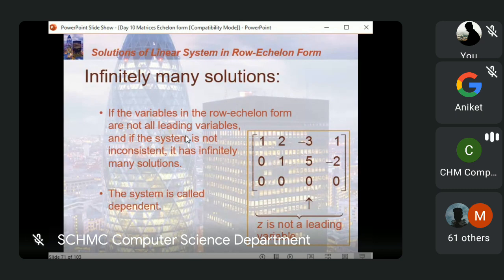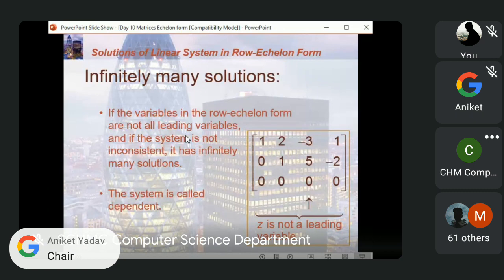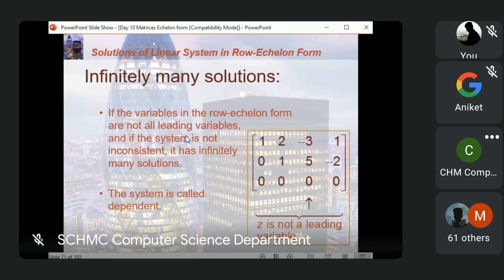Let me see how far your thinking goes. Waiting for your answers. Aniket is saying chair.